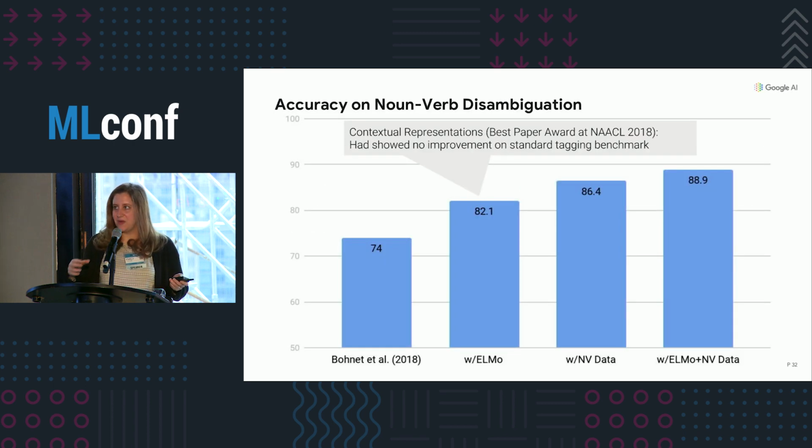And so zooming in on the right part of the chart, we look at accuracy on our task. This was a state-of-the-art tagger, also from my group, that won the shared task on universal dependencies last year for tagging, and it was only 74% accurate. And if we then enhance it with ELMo contextual embeddings, so another precursor to BERT, then it improves quite a bit, improves 8% absolute.